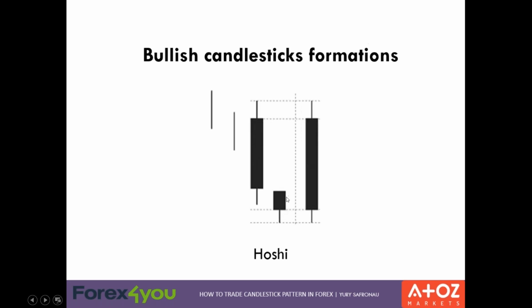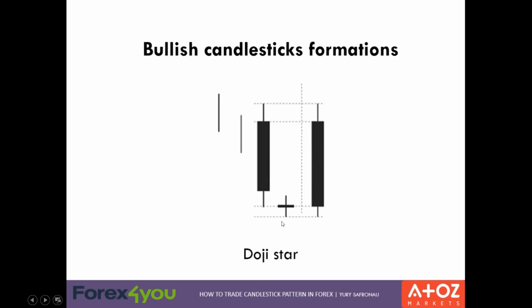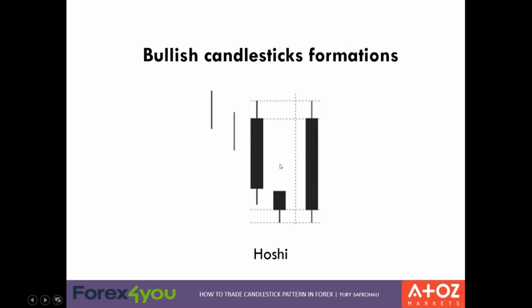All right. The next bullish candlestick formation is called Hoshi. It kind of looks like a doji star, but this candle is not a doji, but more like a small bearish candle. At the same time, there is no gap. In the previous case, there was a gap here.